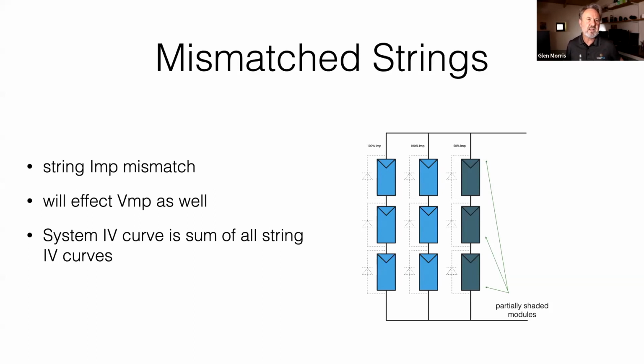So the design of a system often has this as a consideration, where shading might occur. So for instance, if you've got a roof that has shading on the eastern end, but none on the western end of a north-facing roof, you may choose to split the array into 2 strings, an eastern string and a western string, and connect them to separate controllers, so as to not compromise the whole array as soon as one part of that system is shaded.